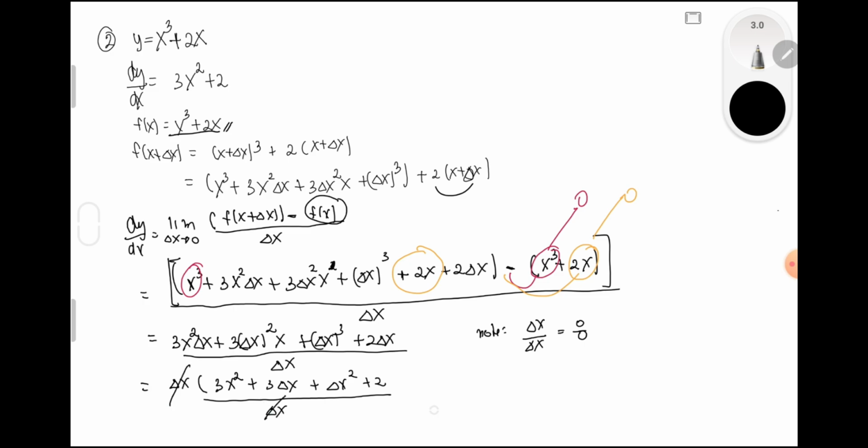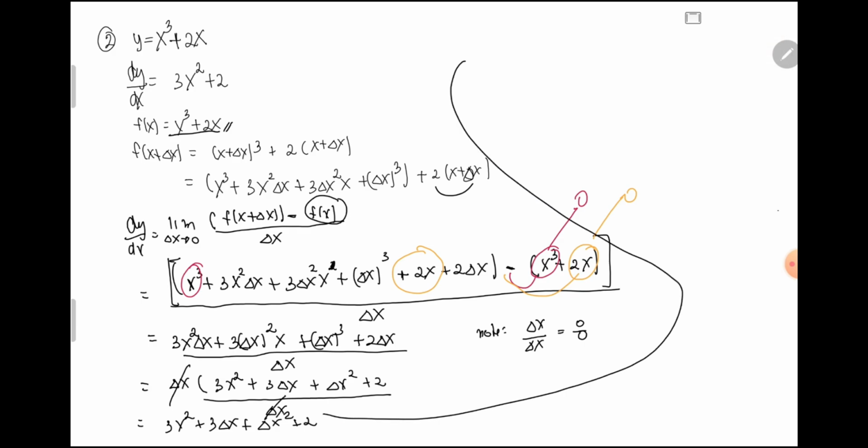So, cancelling out your delta x, because delta x divided by delta x is equal to 1, we'll have a value equal to 3x squared plus 3 delta x plus delta x squared plus 2.